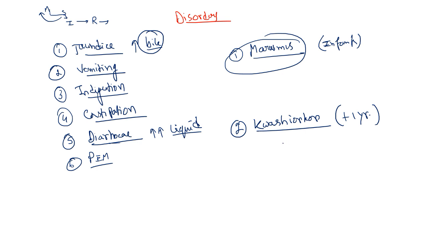While in kwashiorkor, again there are thin limbs, and the muscle will be wasted because our skeletal muscles need protein to grow. They don't have protein to grow. Again, the brain function will not be that proper because the brain development will be halted. And there is fat under the skin, which is not supposed to be present in the rest of the skin of the body.